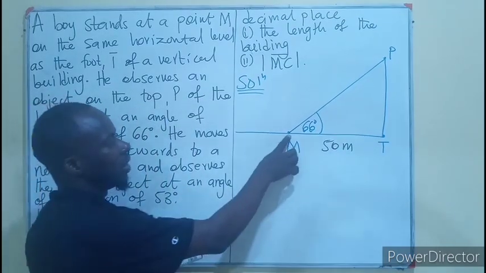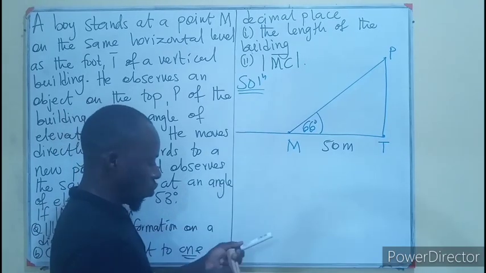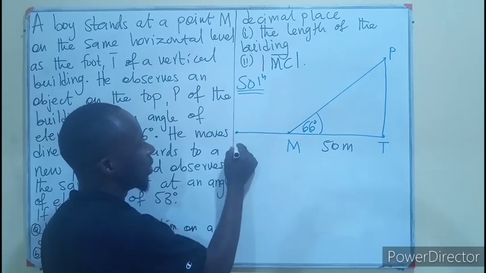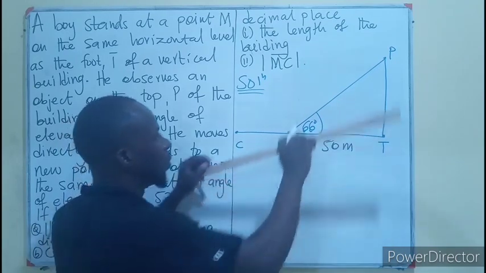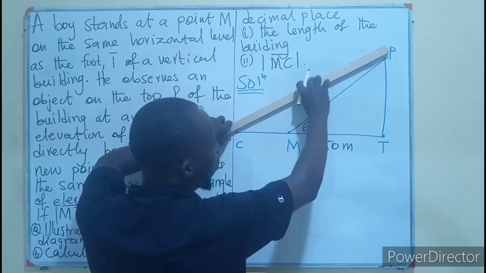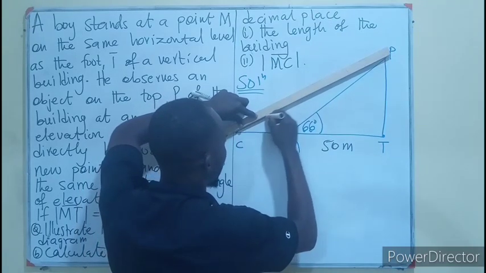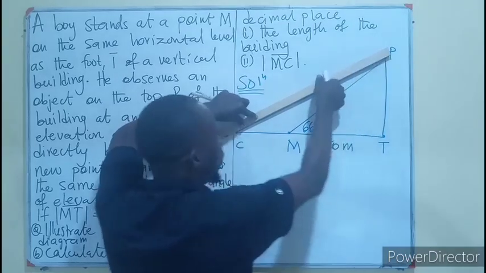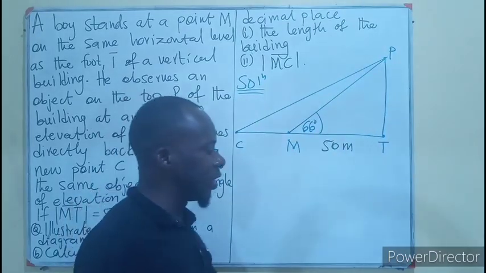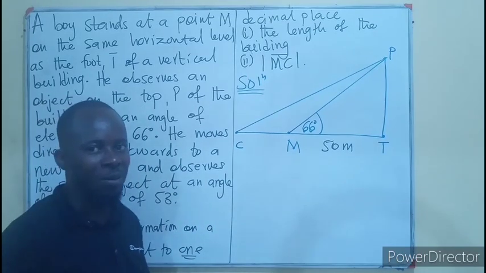Now he decided to move directly backwards to a certain point C, and still look at the object at the top of the building. We know for angle of elevation, if you are moving away from the object, the angle becomes smaller.